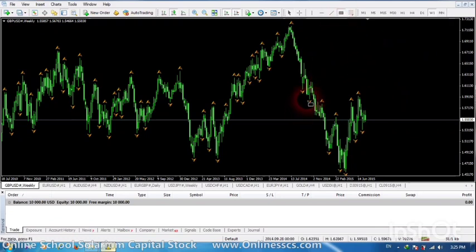We have one pivot here, another one here. You see, I told you, if we have an uptrend, you have to consider the fractals that are downward.